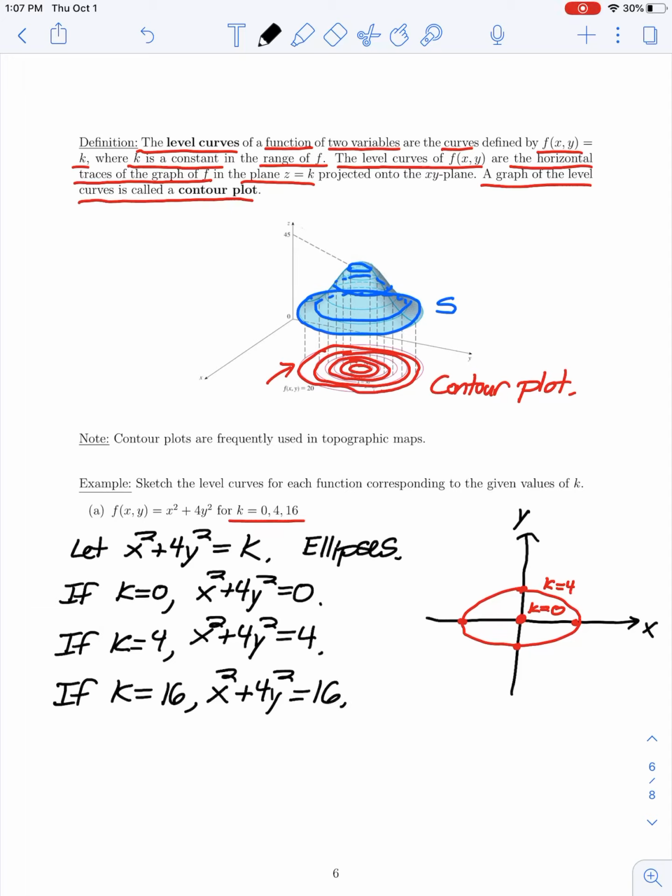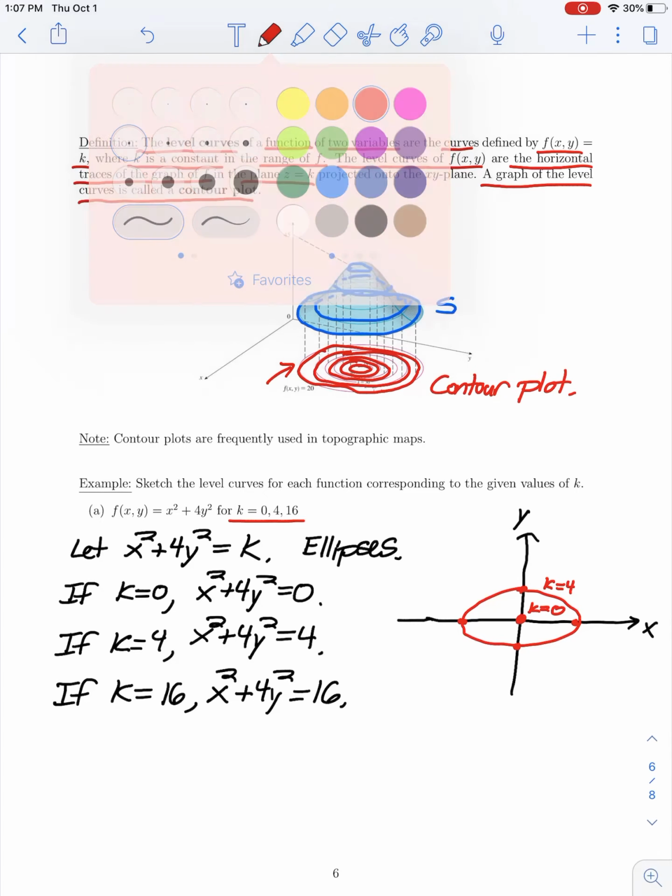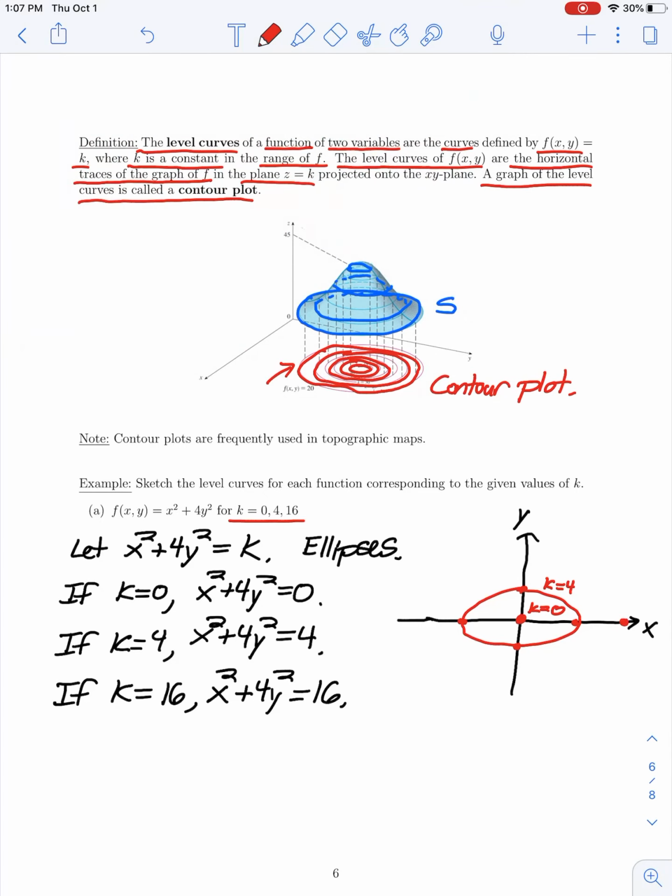So this would be the ellipse whose x-intercepts are at positive and negative 4, and whose y-intercepts would be given by plus or minus 2. So we would have the ellipse shown here for k equals 16.